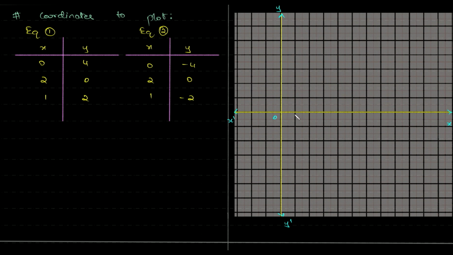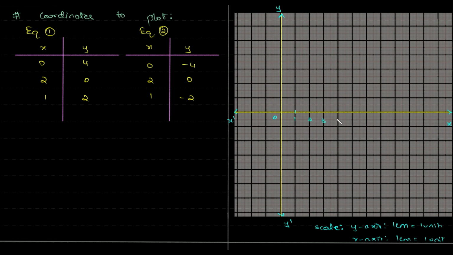Last time I missed out the scale, so I'll put the scale over here, and you can do that on your graph sheet itself. On the y-axis every centimeter I'll take as 1 unit, and the x-axis the same. I can take 2, which would also be okay, but let me not risk it.